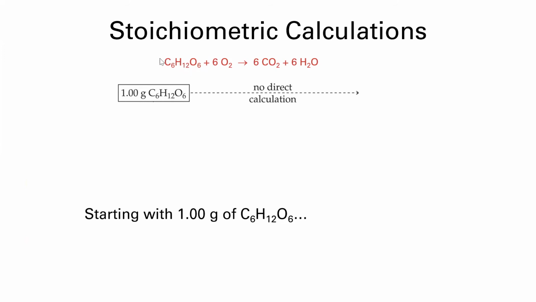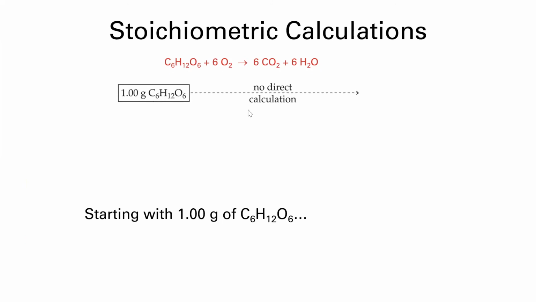This is an example of a stoichiometric calculation. For example, we want to calculate the mass of carbon dioxide and water produced by combustion of C6H12O6. This is glucose, right?